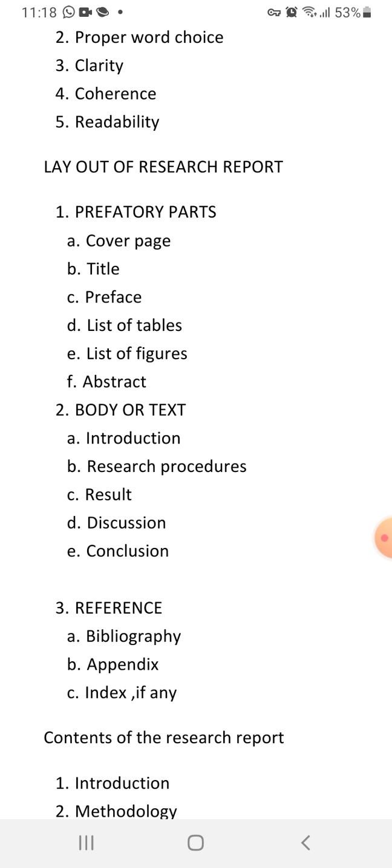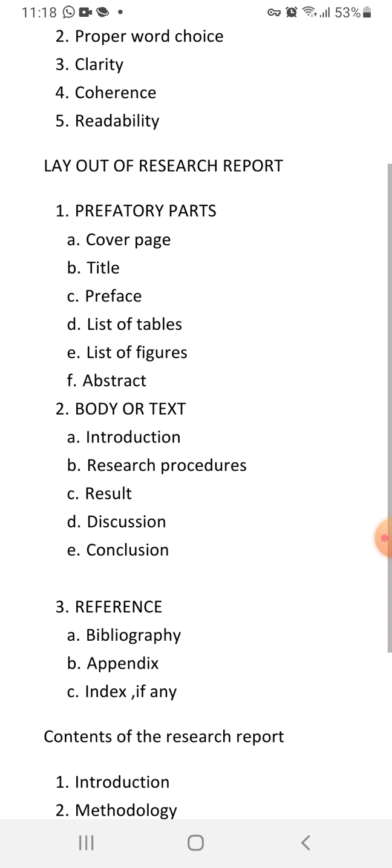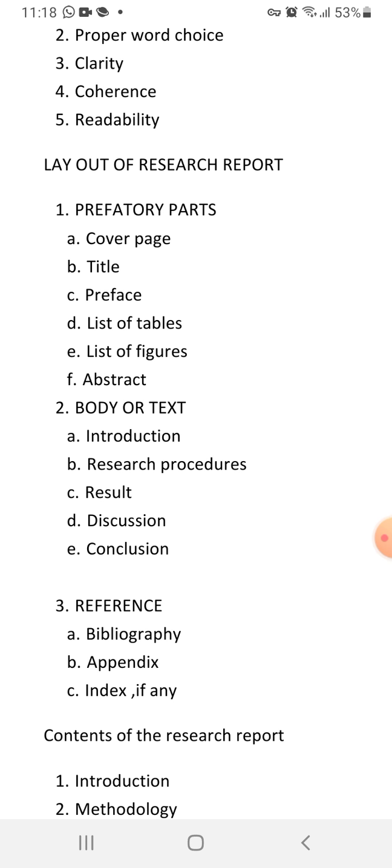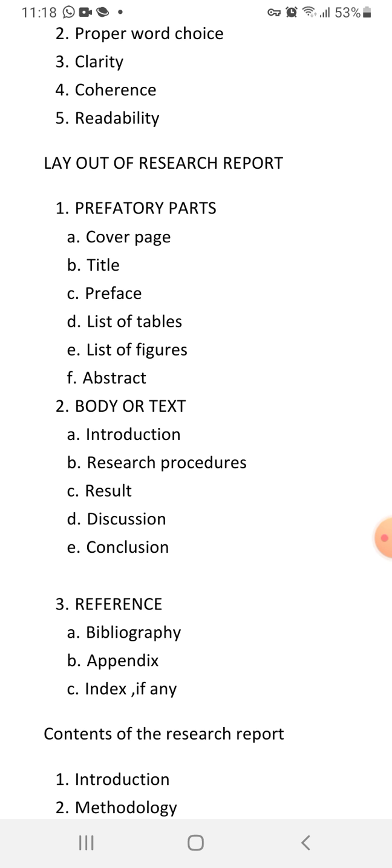Then you can attach them in your report. The list of figures. Then various figures, in certain cases certain pictures, certain maps, etc. you can attach in your report. That will become figures.